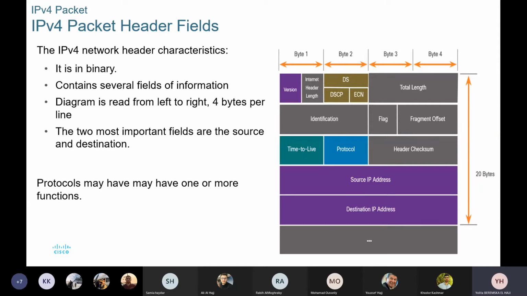Total length is actually the length in bytes of the whole packet, including the header and the data payload. Now, about the next fields, we have the so-called identification, which means that if we have to provide fragmentation, let's say in one message we have 20 packets.